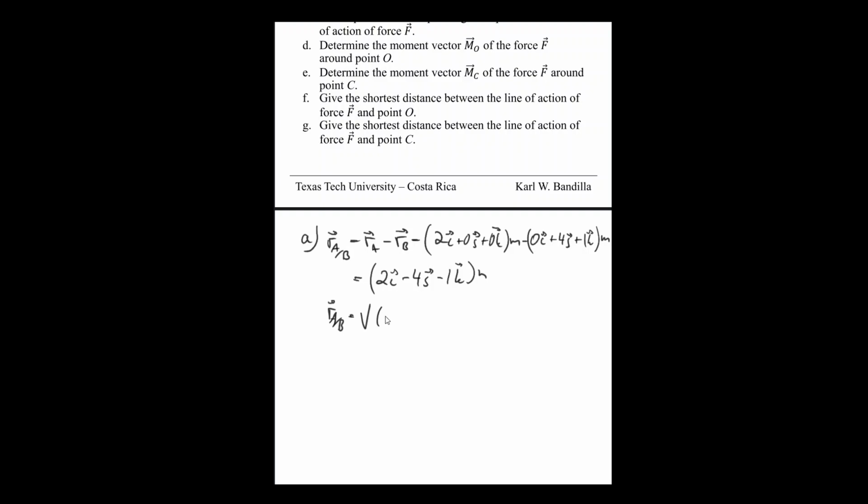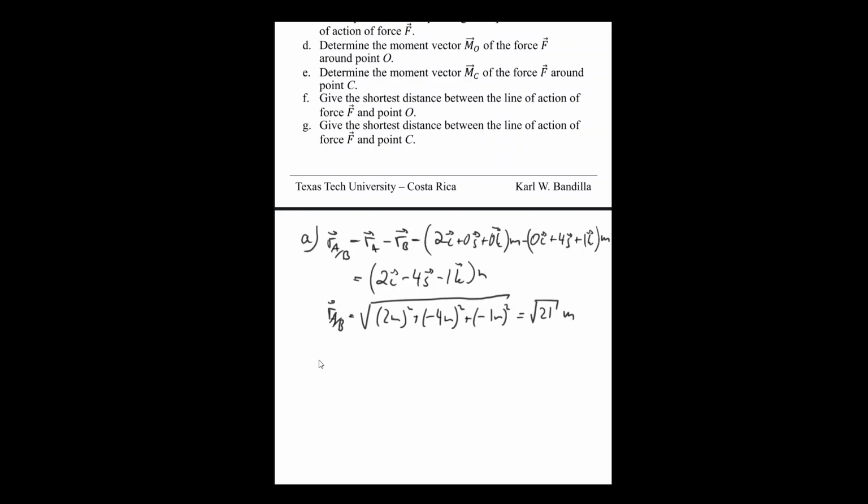is equal to the square root of 2 meters squared plus minus 4 meters squared plus minus 1 meter squared, and that is square root of 21 meters. So once again, we don't get a nice integer here, but we can use that nonetheless.